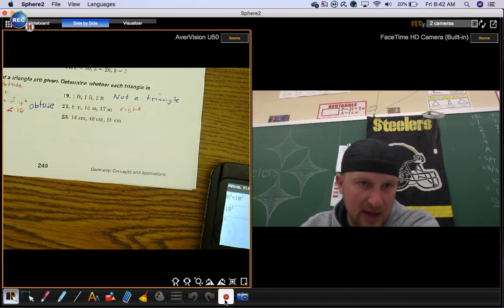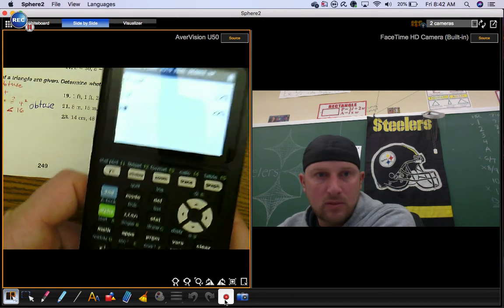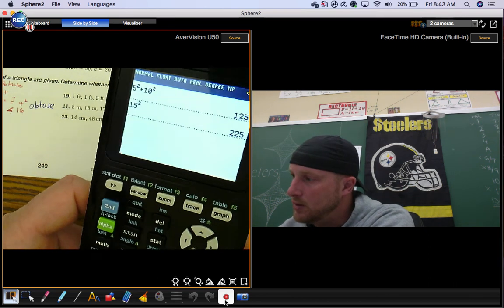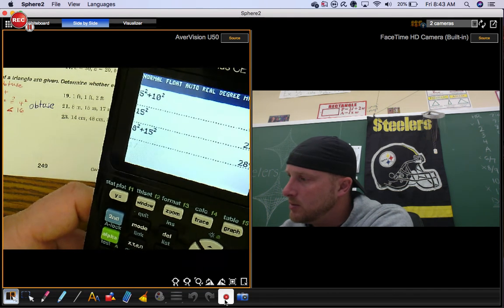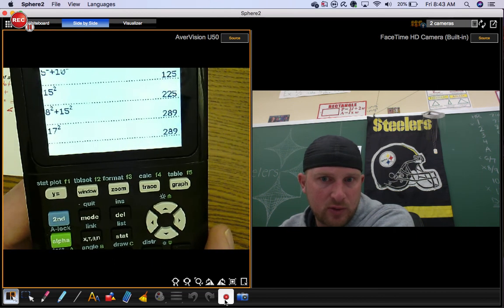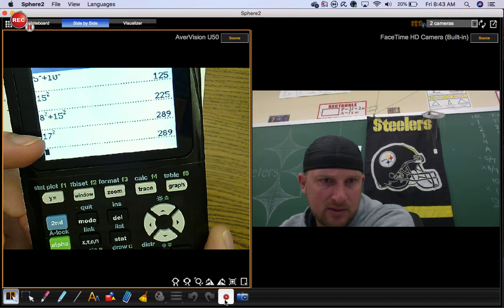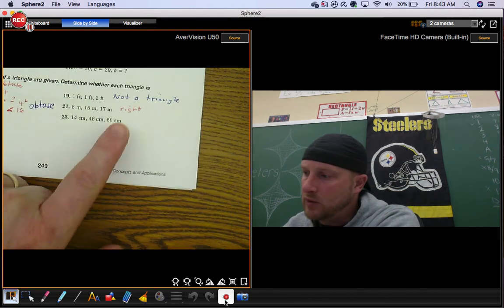Now, if you didn't catch the whole triples thing, 8 squared plus 15 squared equals 289. What's 17 squared? See how it's the same 289? So if you didn't catch the triples shortcut, you could still do this. And how long did that take? About 6 seconds? The numbers are equal. That's why it's a right triangle.